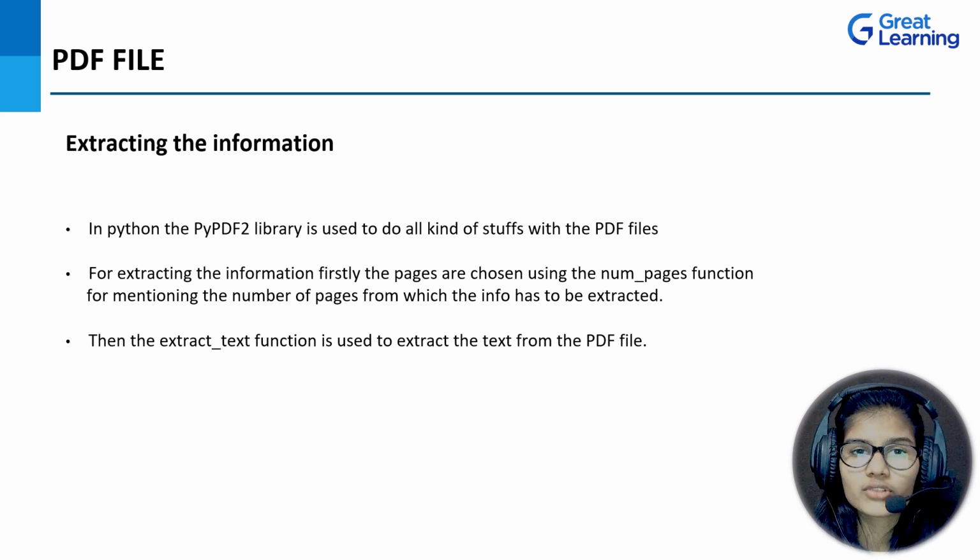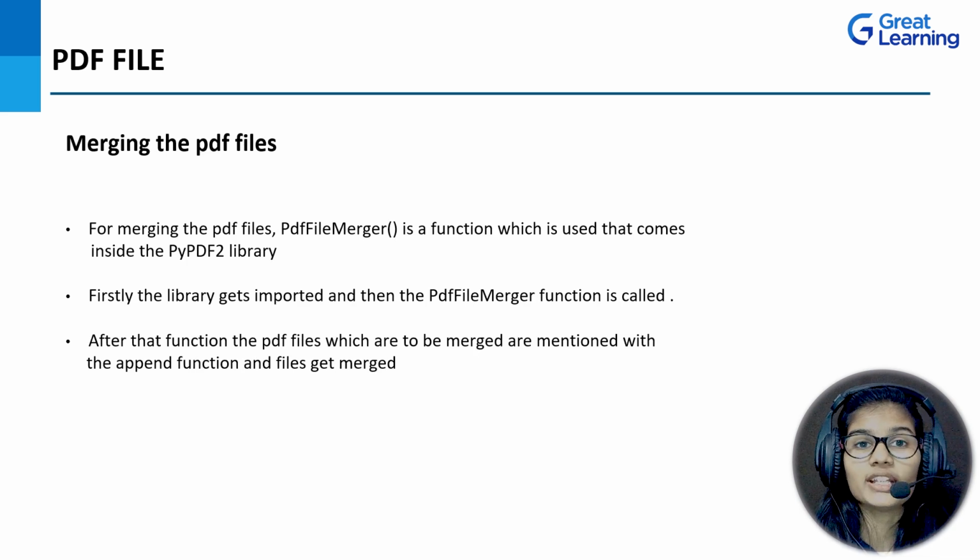And then extract_text is a function which helps you extract the text from your PDF file. Then you have the relevant information which you wanted to extract from the PDF file, in the form of an output, right? So I hope I'm clear first of all on how we extract information from PDF files.